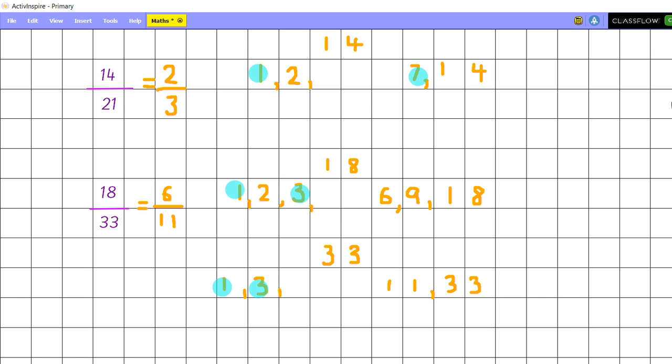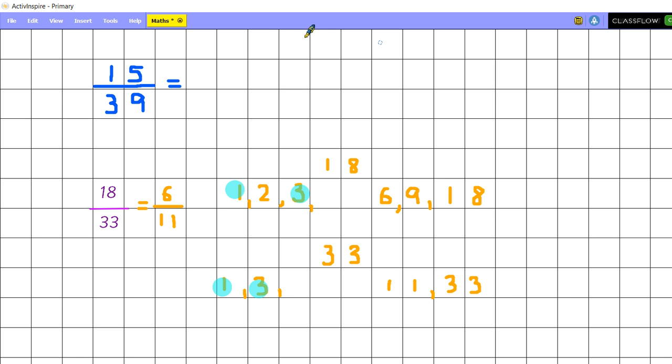Okie dokie. So what I'd like you guys to now have a go at, I'm going to give you another one to do before you then move on to your learning today. So this question, I am going to give you 15 there, is my numerator, and my denominator is going to be 39.